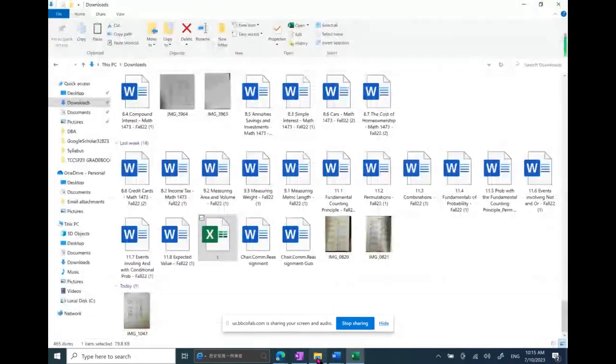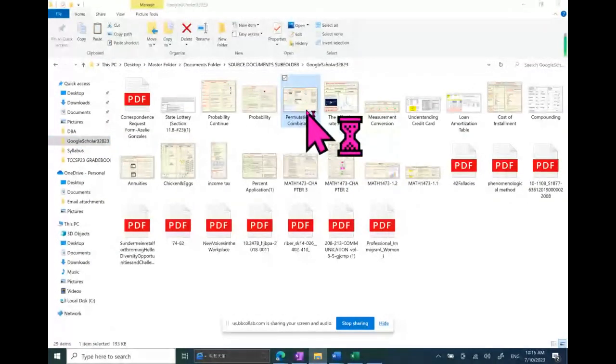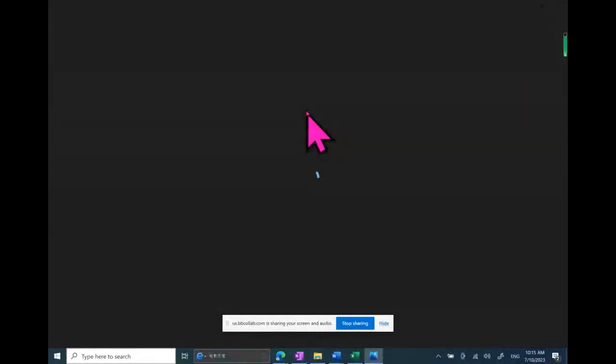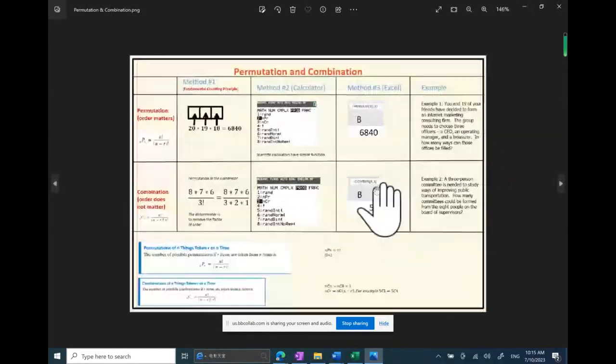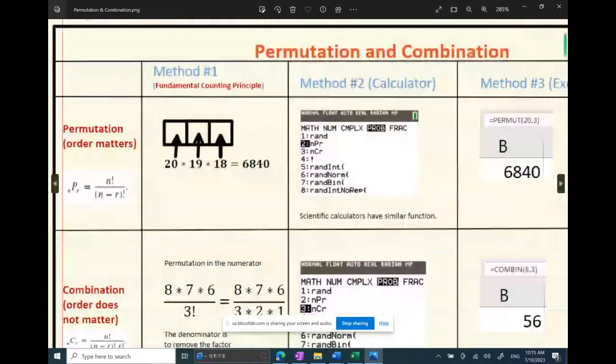So basically you have 3 ways to compute the permutation. If we look at my table note about permutation and combination, I have a detailed description of how you use the TI-84 calculator right here.